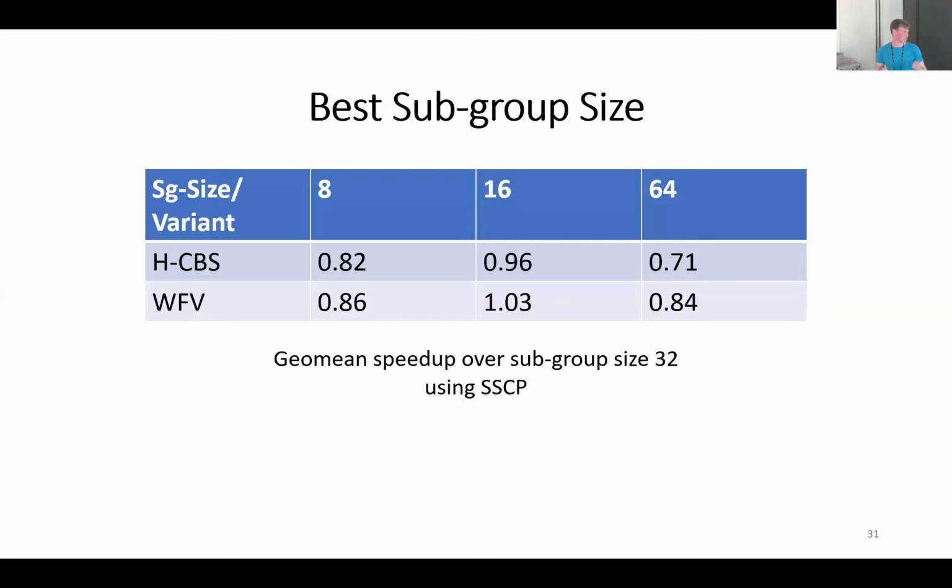These results are quite promising because subgroup size 32 performs really well, and I don't think that there are many kernels that use subgroups but have no version that supports the subgroup size 32.